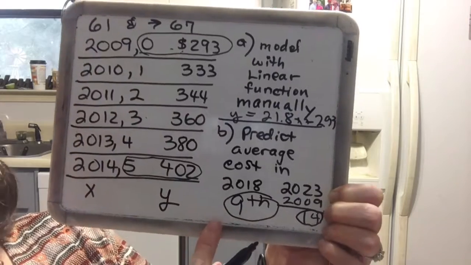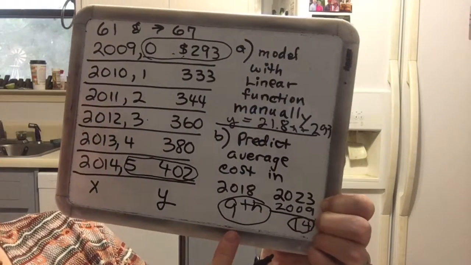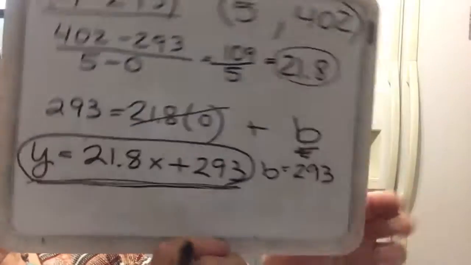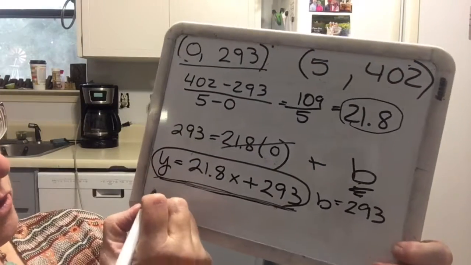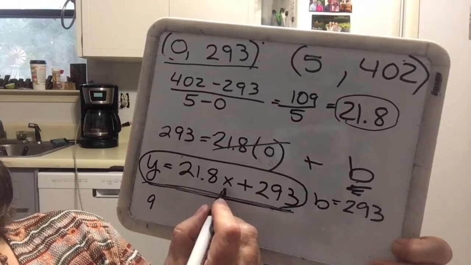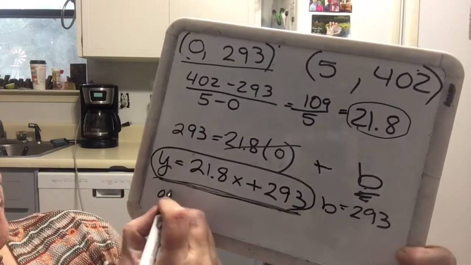Okay, so we just did the first part there. So now we're going to plug in the values for the 9th year and the 14th year. Back to our calculation page here. The 9th year means we're going to plug in 9 for x and see what comes out for y.